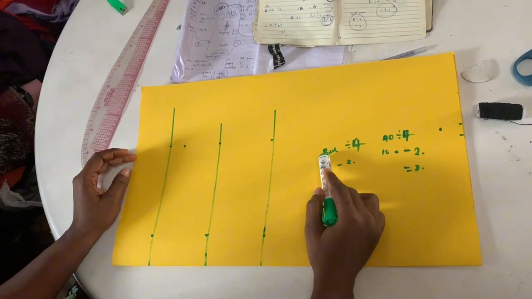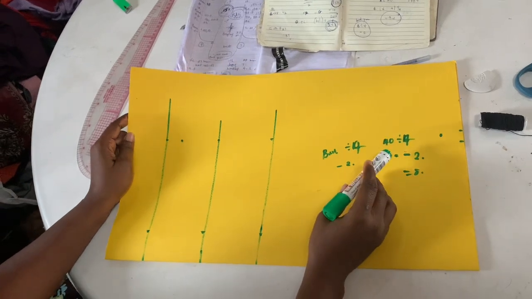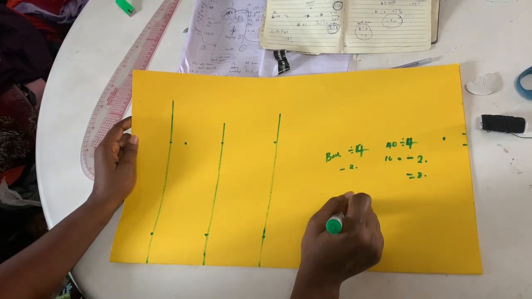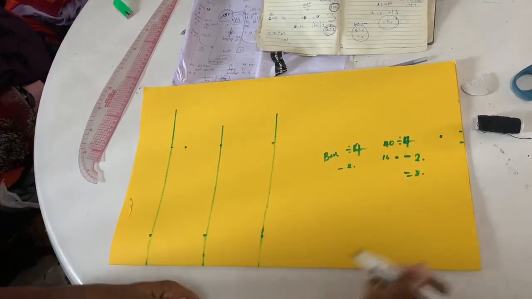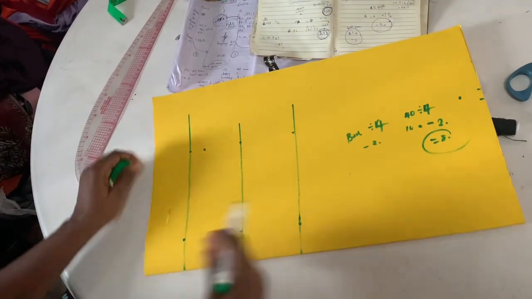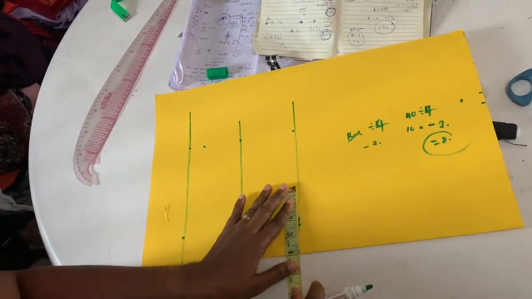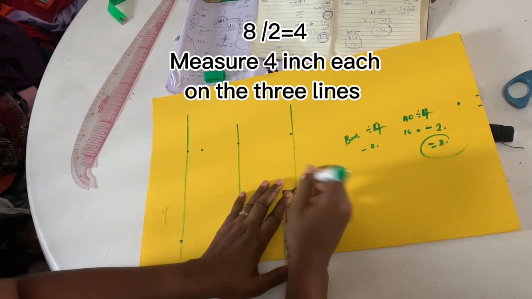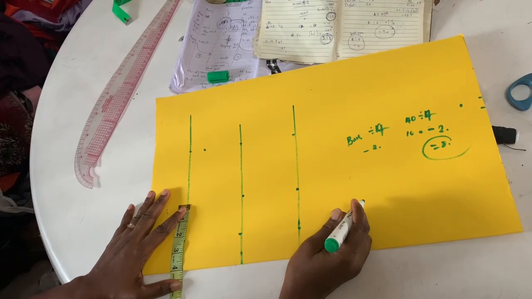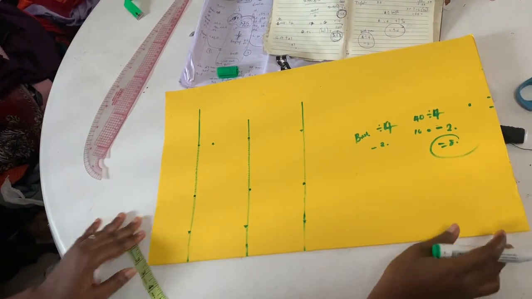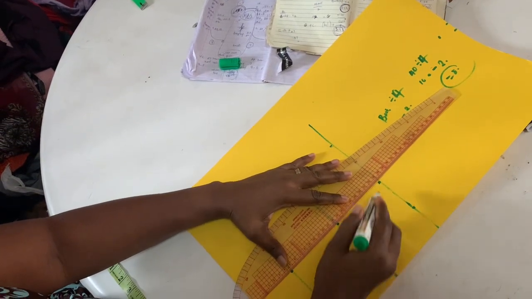The bust span is the bust measurement divided by 4 minus 2. My client's bust measurement is 40, divided by 4, which is 10. 10 minus 2 is 8. So our bust span is 8. You come to this place, you measure 8 there, and 8, then you join them together.